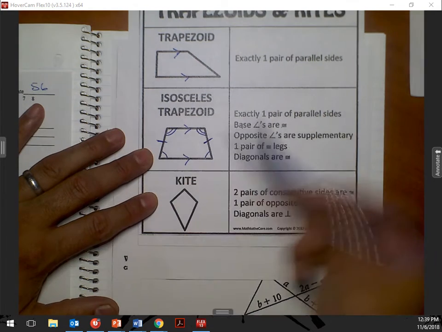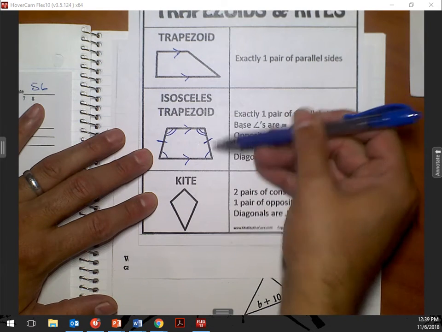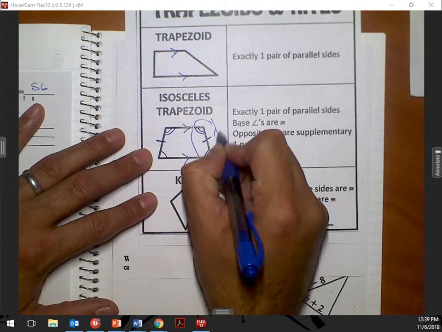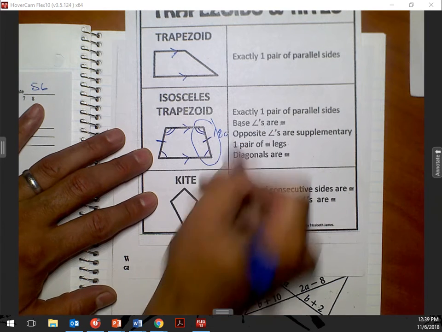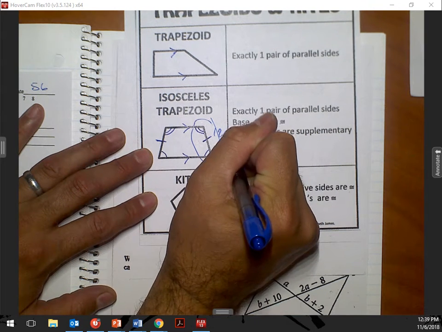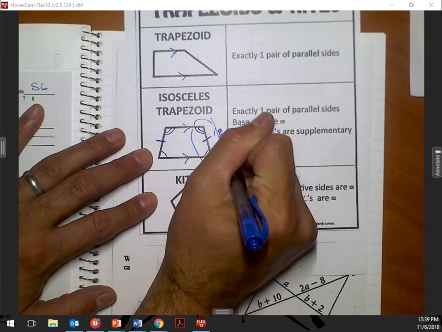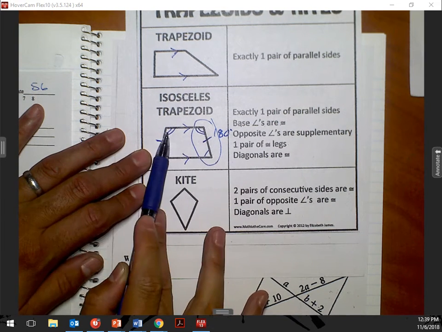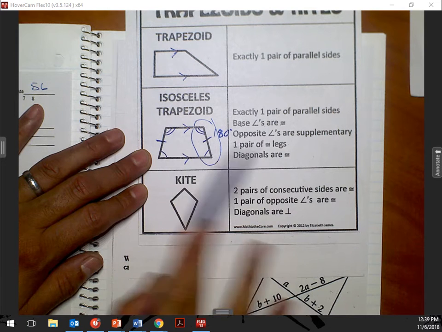So that means this one plus this one add up to 180. Supplementary adds up to 180. So if those two add up to 180, wouldn't these two add up to 180? Yeah. And diagonals are congruent.